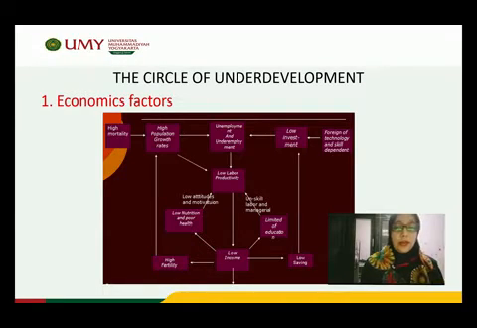The first is economic factors, which you can see on your monitor. We have the structure. The first is high mortality. The government cannot control the mortality of people, so it can lead to high population growth rates.